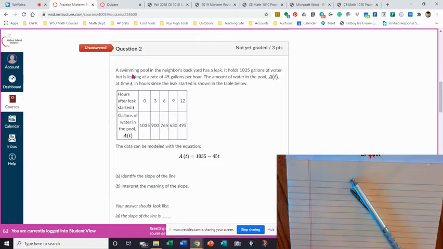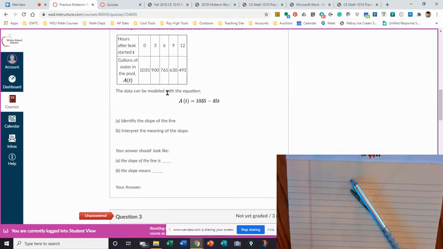Question 2. A swimming pool in the neighbor's backyard has a leak. It holds 1,035 gallons of water. There's one actually exactly like this on practice midterm 1. The amount of water in the pool is in the table below. The table can be modeled by this equation. Identify the slope of that line. The slope is negative 45.